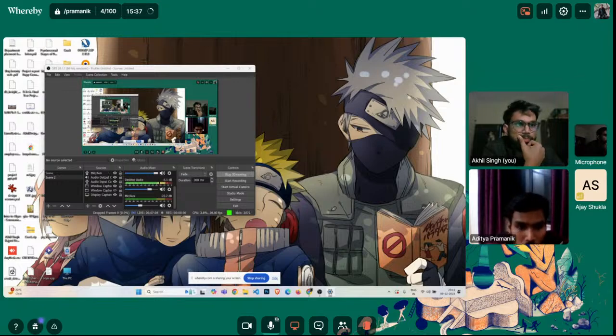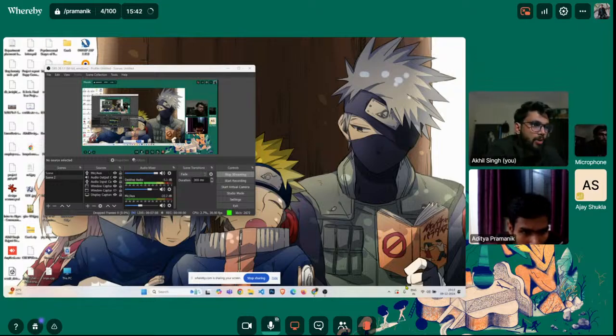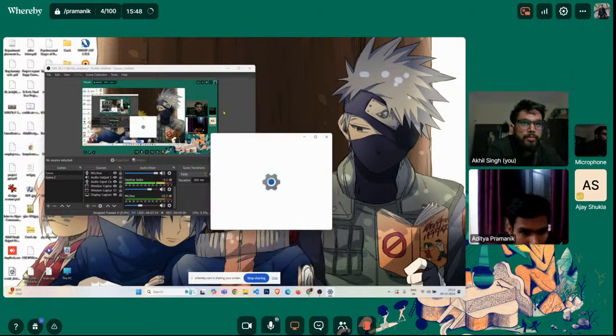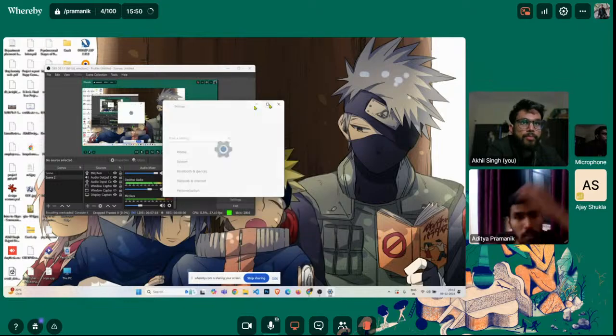Can you open the mic settings in Windows and check if it's capturing the audio? Open settings and check the microphone settings.